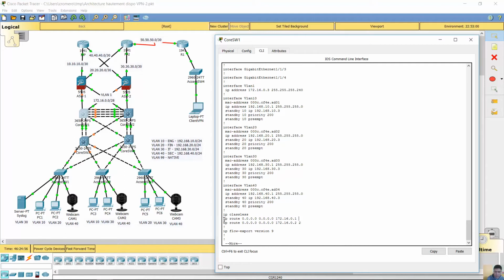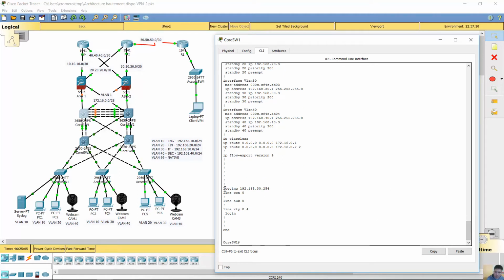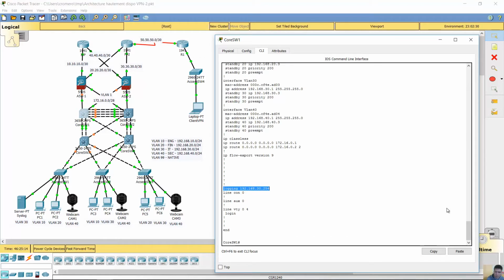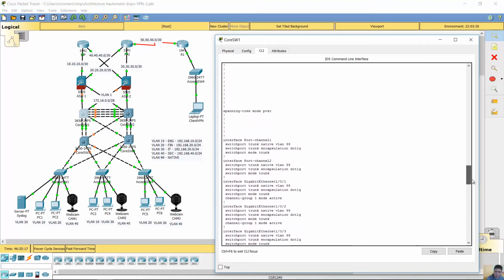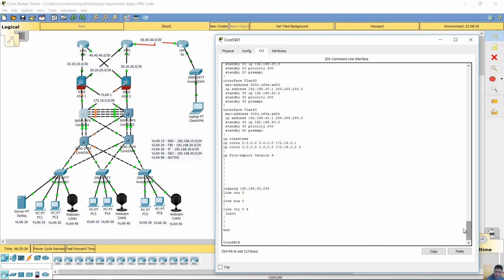And finally, this is the logging configuration to log to this syslog server. You need to configure these two lines for the logging server.